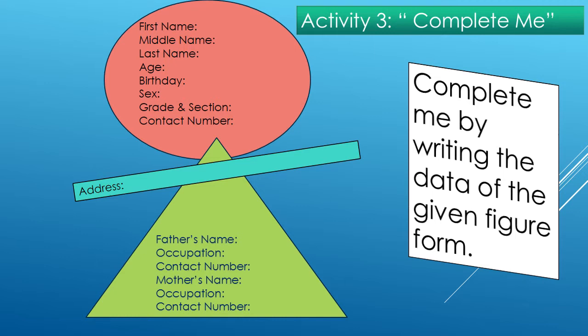You are going to fill up your first name, middle name, last name, age, birthday, sex, grade and section, then contact number. Same as your membership and enrollment form, same information asked, but make sure to fill it up correctly.